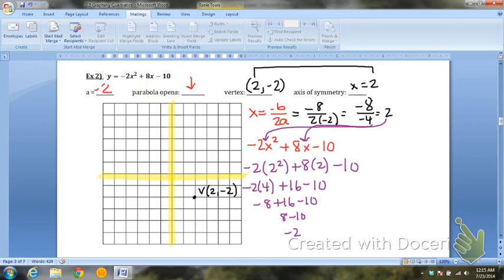We know that this graph opens down, so I'm going to just do a rough sketch. Right now I don't really care where it's touching, we're just going to label it down. Please make sure your parabola extends all the way to the end of the graph and you're drawing arrows. Those are little things, but those are details that are important. And then the last thing to do is to draw our axis of symmetry, and then to label it x equals 2.